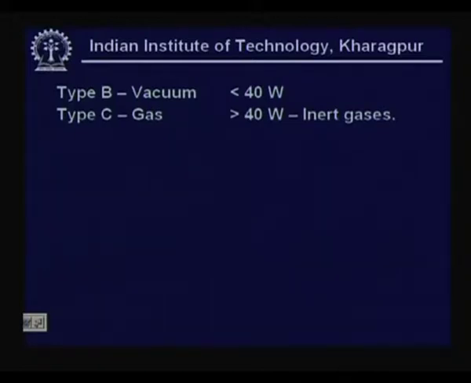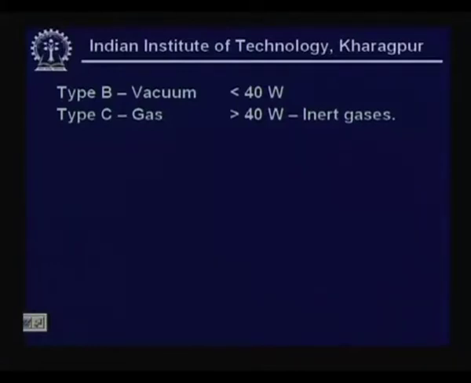All of us have seen 25 watt lamps, which we use in areas which have to be lit at a lower level, but all the time, essentially circulation areas. Type C gas lamps are used beyond 40 watts, and they invariably have inert gases.